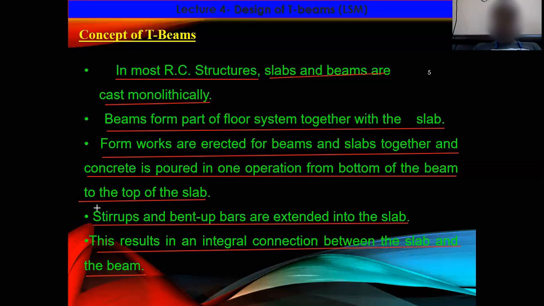Because we are constructing monolithically, so there should be a good bond between the slab and beam. If you provide the bent-up bars and the stirrups in the slab, it acts as an integral connection between the slab and beams. That means it will act as a single member. It cannot act as a separate beam and slab. It will act as a single member, right?